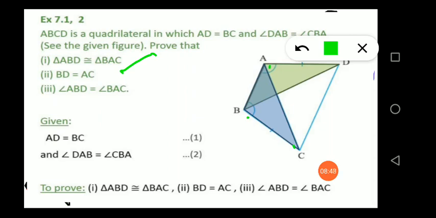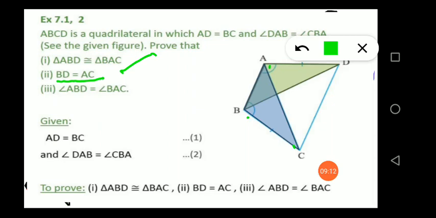Then we have to say BD is equal to AC. We can see that BD and AC are corresponding parts of the triangles, so if we prove both congruent, we can write them equal by CPCT. Similarly, angle ABD is equal to angle BAC. That also we can prove by using CPCT.